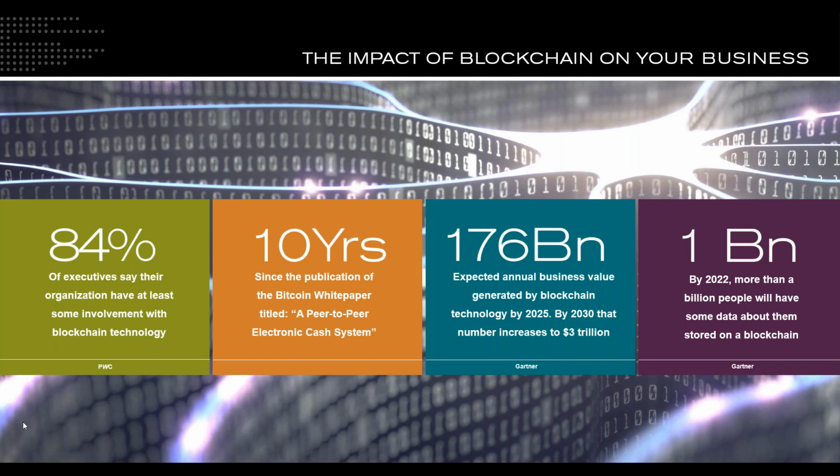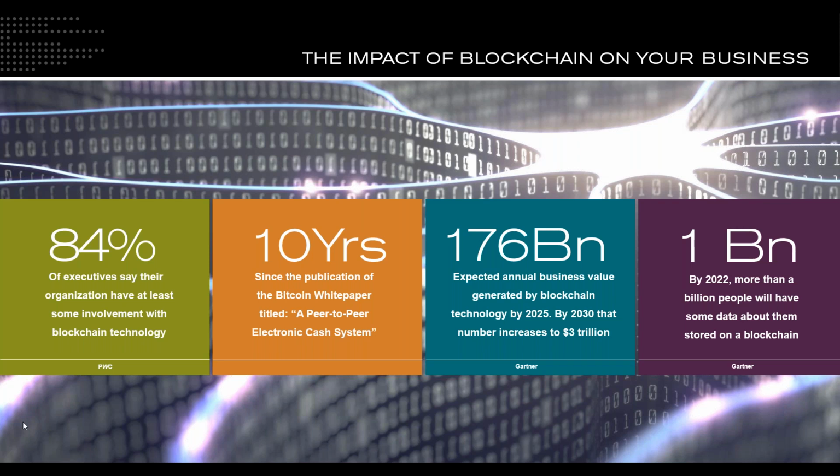And then I got some bigger numbers even for you here. So when Gartner tries to predict what the value is going to be of this technology in the future, they sometimes come up with these staggering amounts and discuss whether it's 176 billion by 2025 or 3 trillion by 2030.